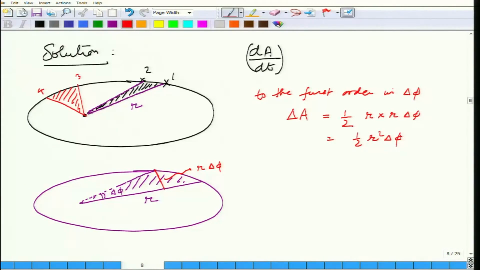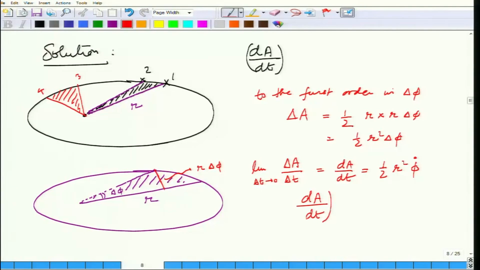So we learned that, and therefore delta A over delta t with the limit delta t going to 0, dA/dt, comes out to be 1/2 r square delta phi by delta t in the limit delta t going to 0, which is phi dot. So dA/dt is going to be equal to 1/2 r square phi dot. Let me write that here.